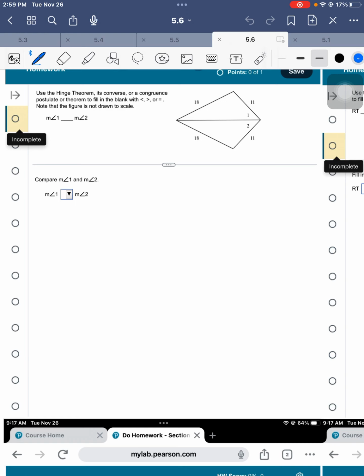So for the Hinge theorem and for the converse Hinge theorem, you're going to have two congruent corresponding sides for sure. That's a given. Now, if you have your included angles given to you, that's going to mean you're going to use your Hinge theorem, your SAS inequality theorem.